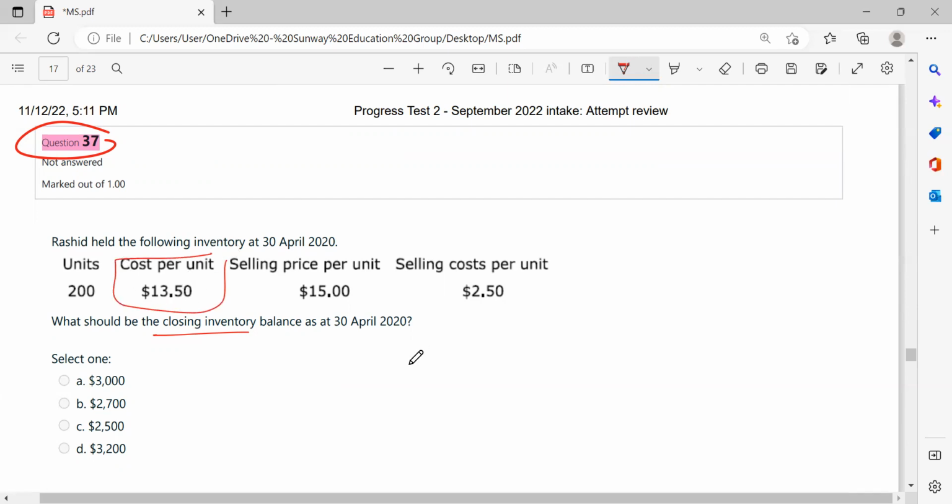How much is the NRV? Expected selling price minus selling cost. So the NRV should be 12.5, and you take the lower. So I take 12.5 and multiply by the total 200 units. The answer here should be 2,500.